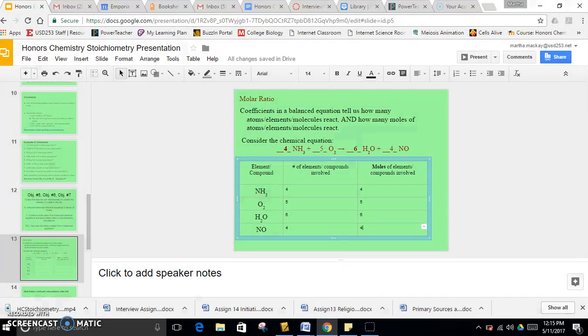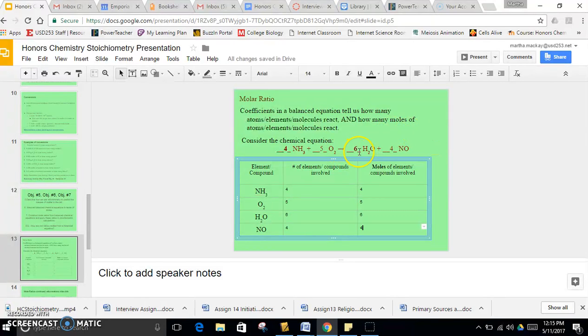So this reaction, when balanced, these numbers in front could mean atoms or they could mean moles. And that is really useful for us. If I said I'm going to make 4 moles of NO, well, I can take 4 moles of NO and convert that to grams and figure out how many grams of NO I'm going to make.